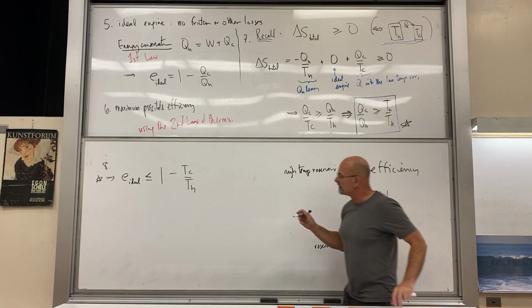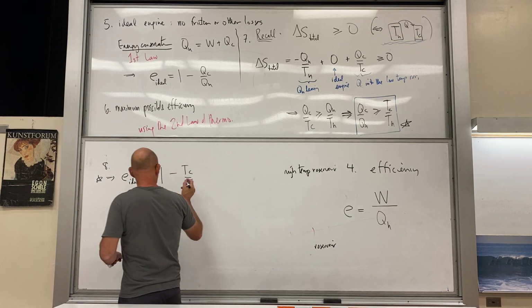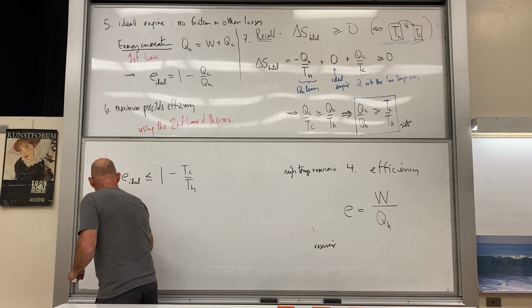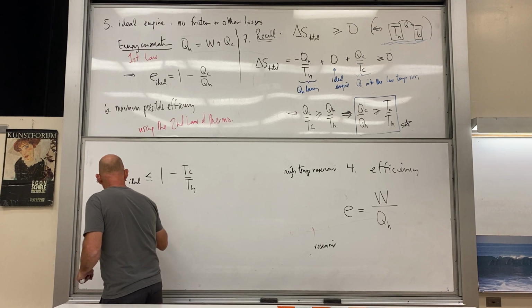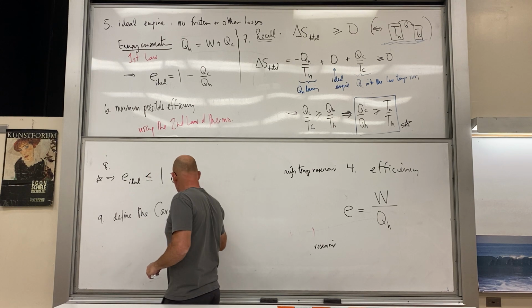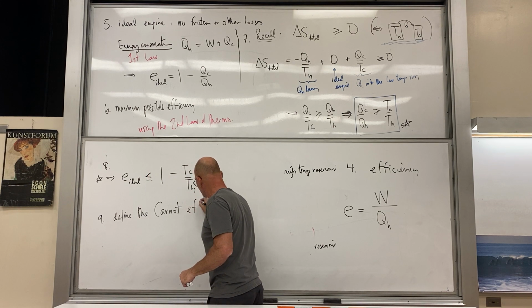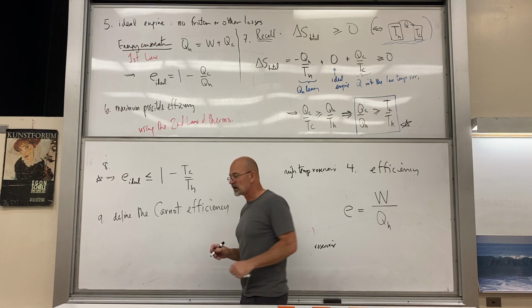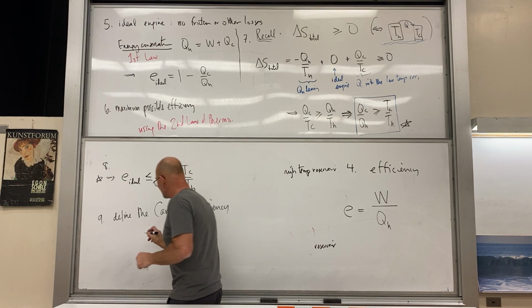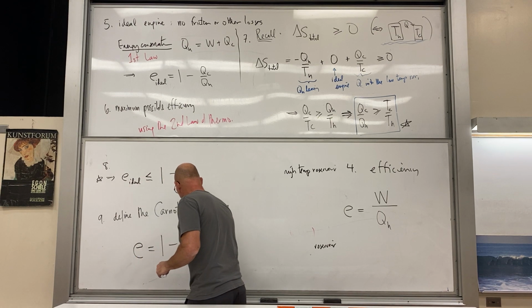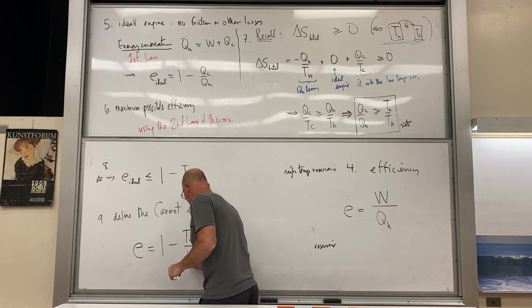So let me define something now. Define what's called the Carnot efficiency. Carnot was the French engineer who came up with this idea for the first time. So the Carnot efficiency is just defined as 1 minus Tc over Th.